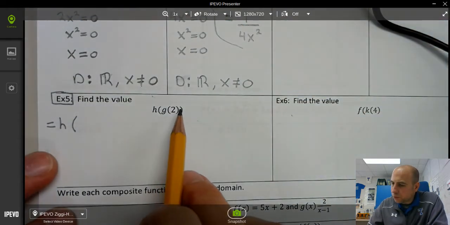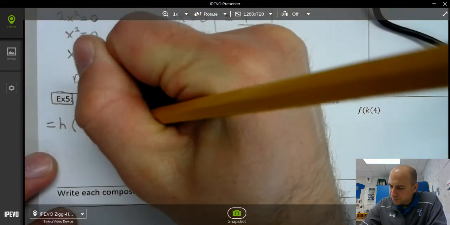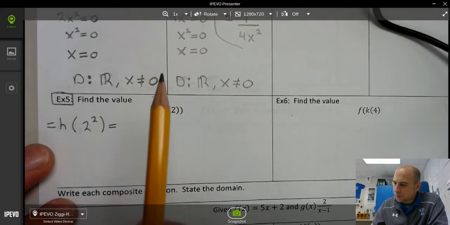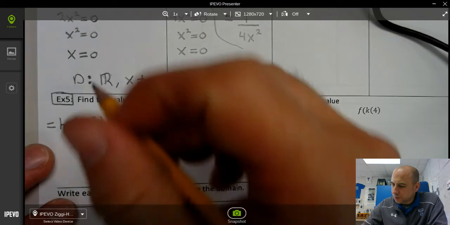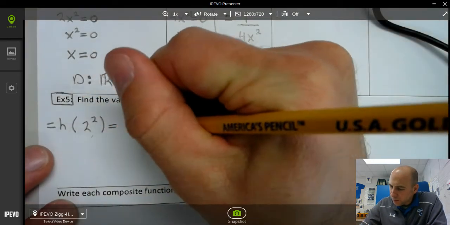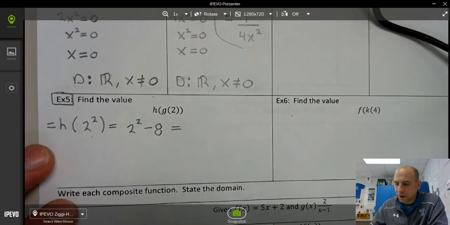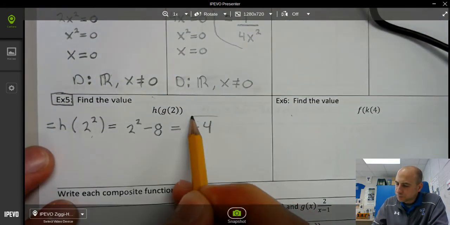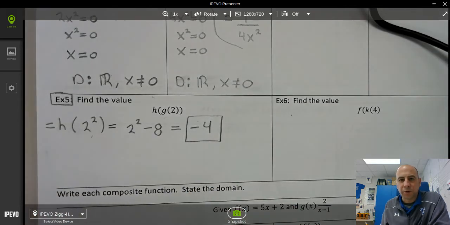So we're plugging in 2 to g, which says 2 squared, which now we're plugging 2 squared in for h. So that's 2 squared minus 8, which 2 squared is 4 minus 8, which is negative 4. All right, and then we'll go over example 6 in class.